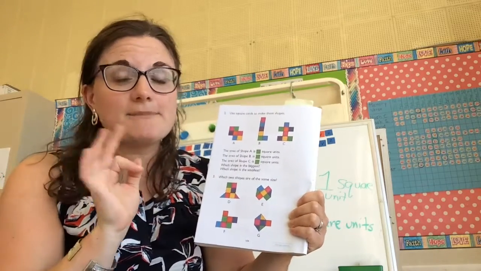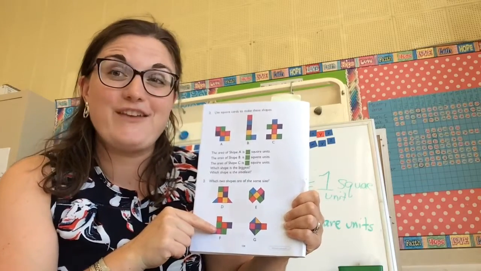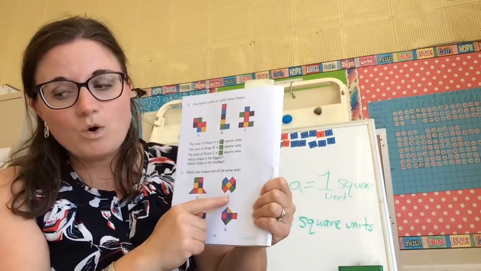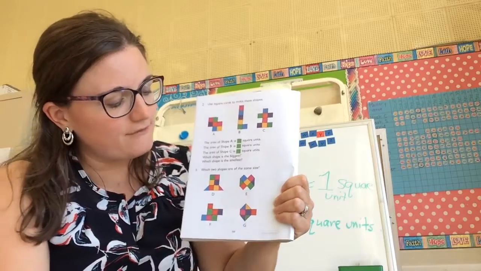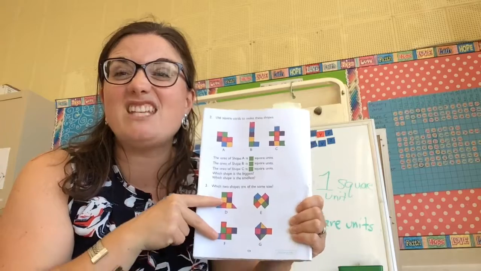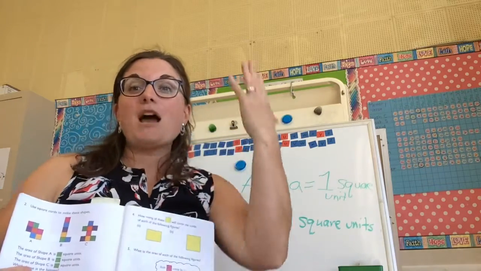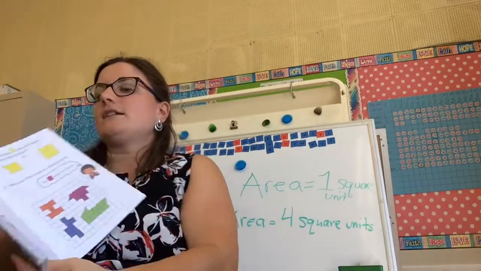Okay, if you're not done, press pause. You will notice that D is 7 and F is 7, right? Where we've got E is 6 and G is 5. So D and F are the same because they're both 7 units, both 7 squares. So area is the amount of space it covers, the amount of squares.